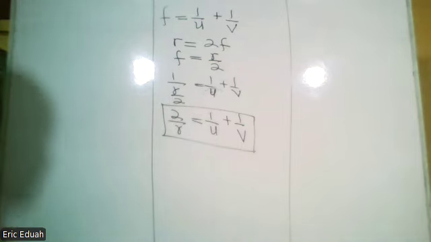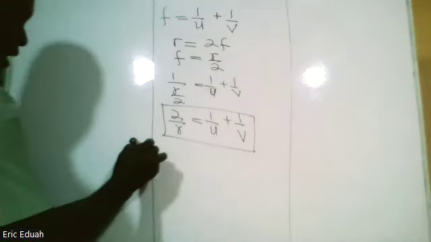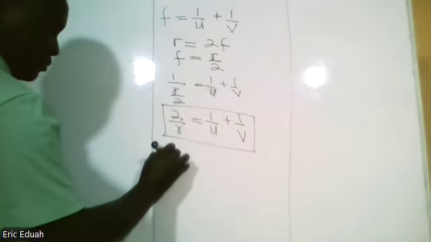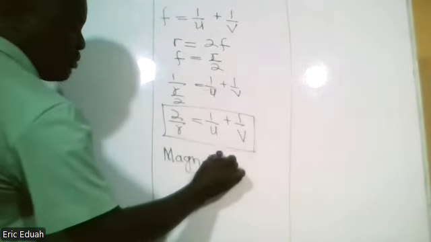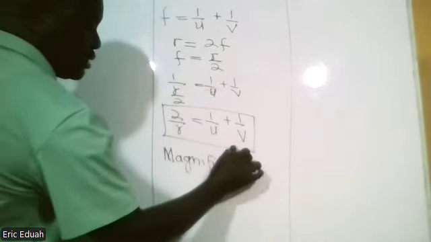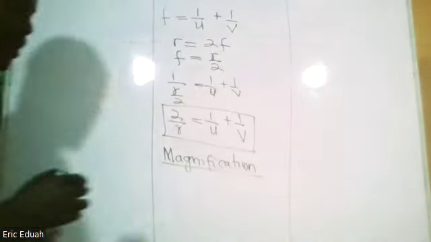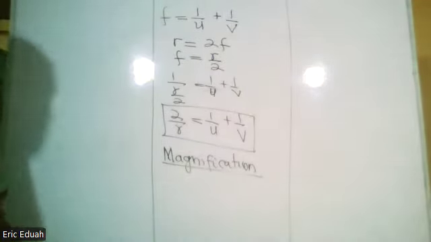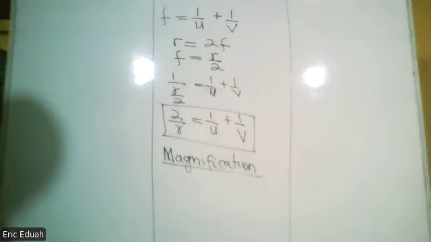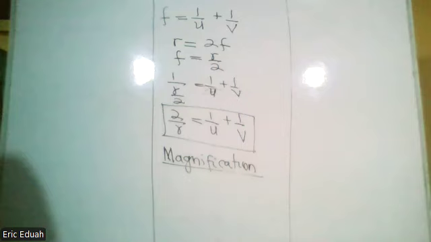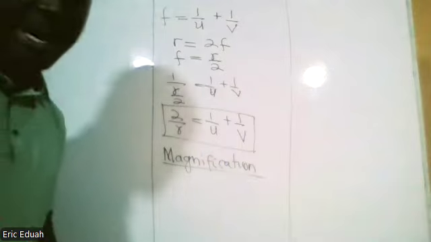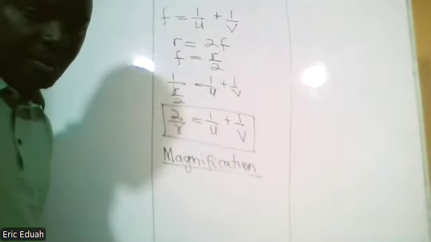Another way of expressing the mirror formula, you see, we've been talking about magnification. When the image is formed and the size of the image is greater than the size of the object, we say that the image is magnified.